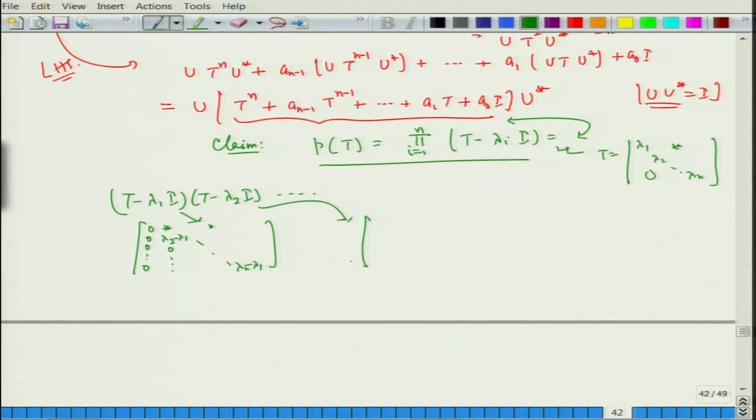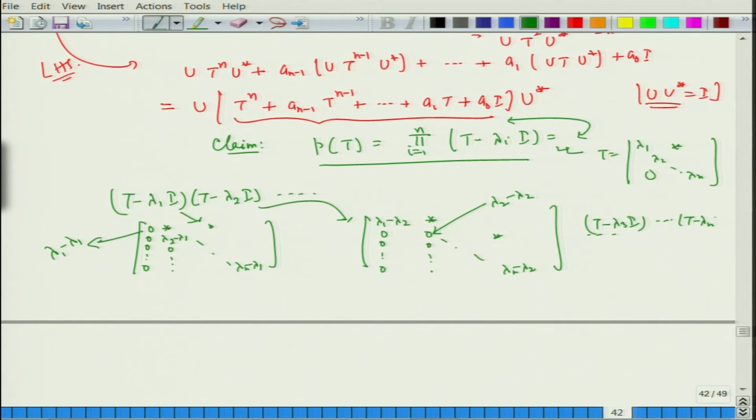This matrix, if I look at the second matrix is lambda 1 minus lambda 2, 0 here, 0 here, 0, a star here, 0 here, because this entry is lambda 2 minus lambda 2, this entry is lambda 1 minus lambda 1, 0 here, and I have something here which will give me lambda n minus lambda 2 and a star here. And there are so many things here which are t minus lambda 3 of I, so on till t minus lambda n of I, all right. So I am just looking at this matrix product and nothing else.